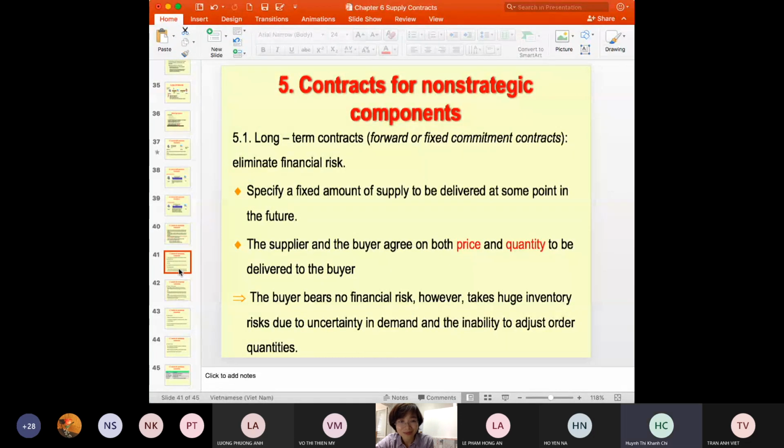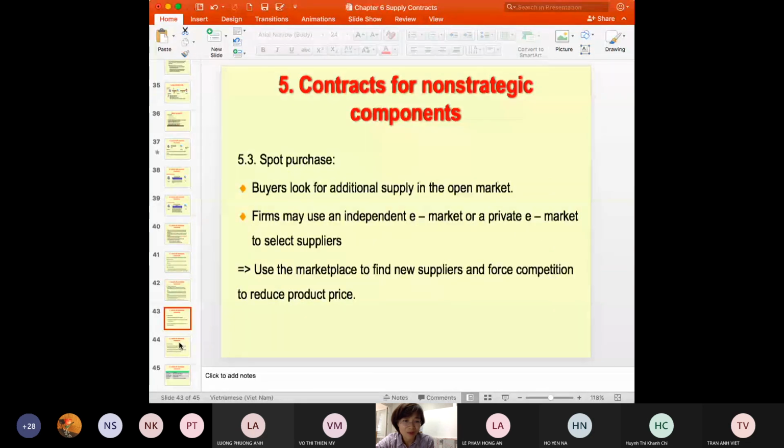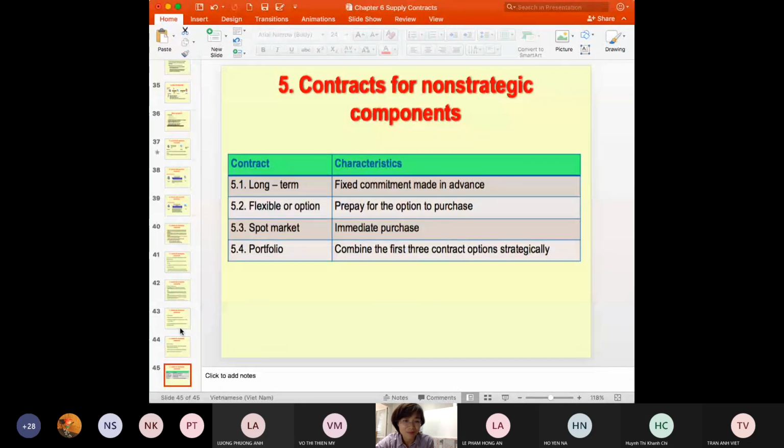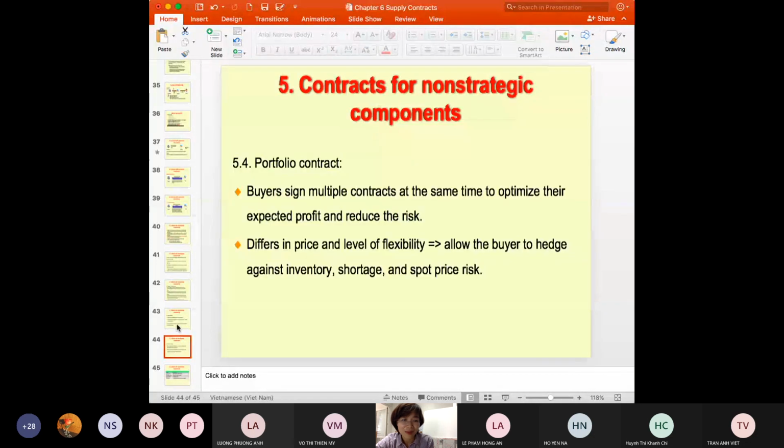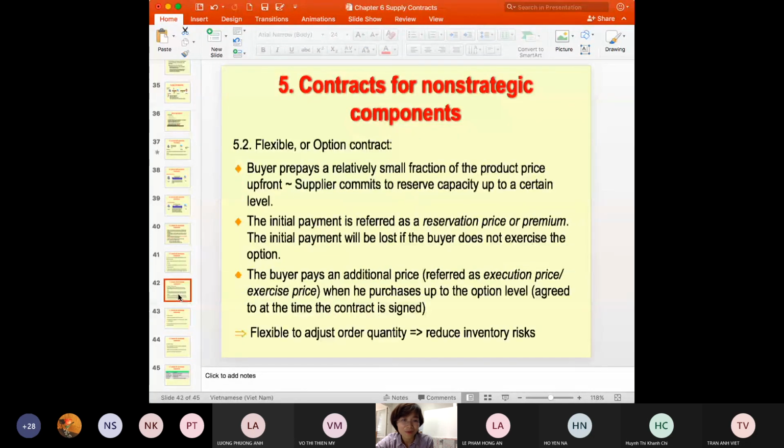What do you think? We still have four slides. Or let me finish that. You can read that also, and we will finish it in the next class for the contractual strategies component.